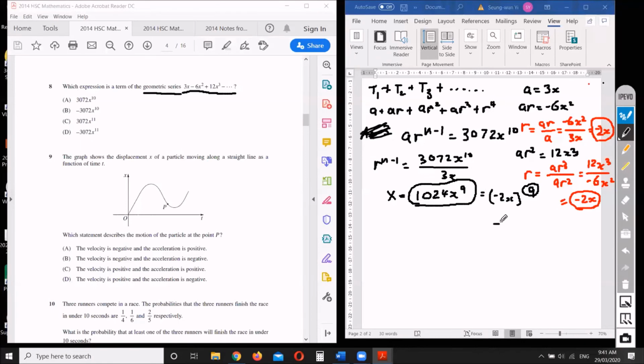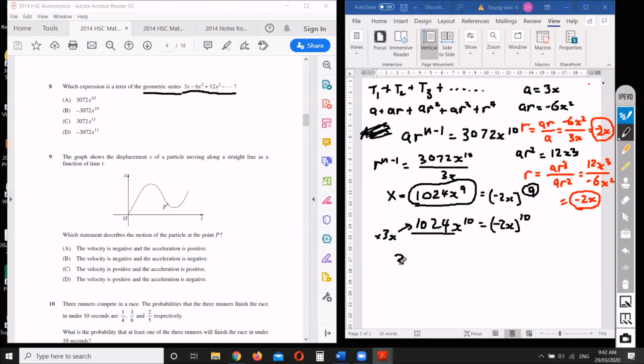But let's take, for example, negative 2x to the power of 10. What would that be? 1,024 x to the power of 10. Which means that when we take that number and multiply it by our A, what's our A? 3x.